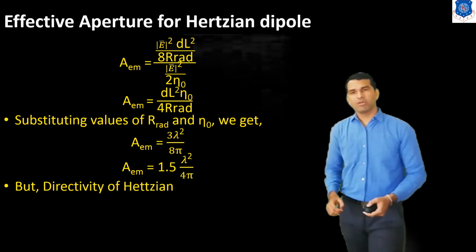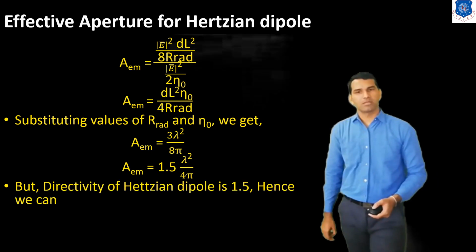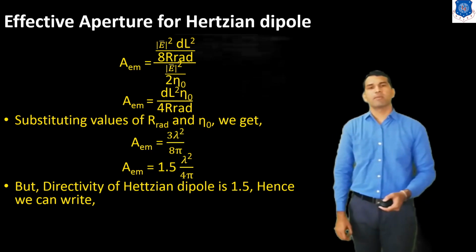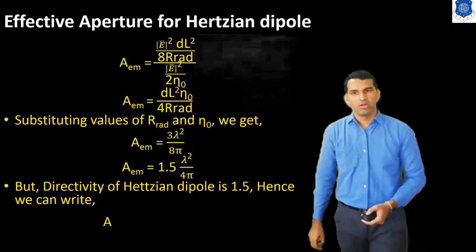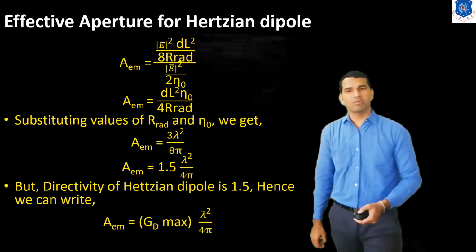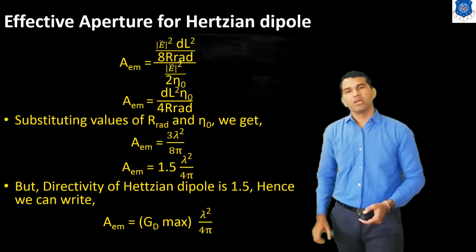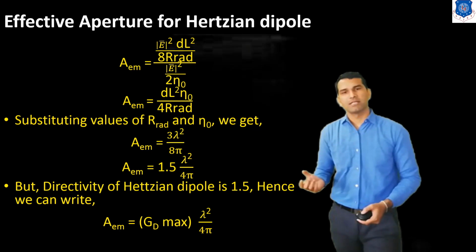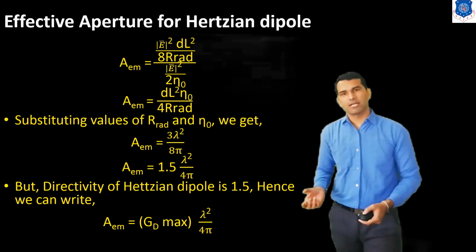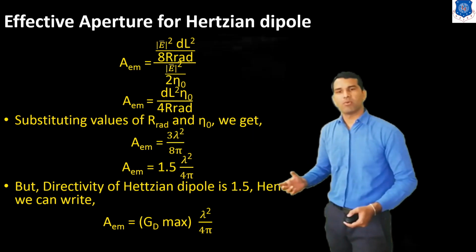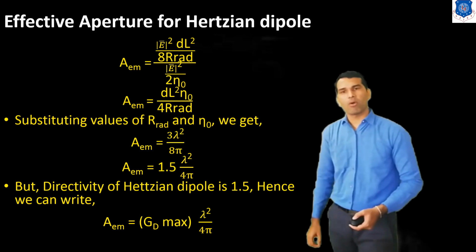The directivity of the Hertzian dipole is 1.5. So we can write AEM is equal to GD maximum upon lambda squared over 4 pi, where GD maximum, or simply D, indicates the directivity, and GD is the directive gain. So AEM is equal to GD maximum times lambda squared upon 4 pi.